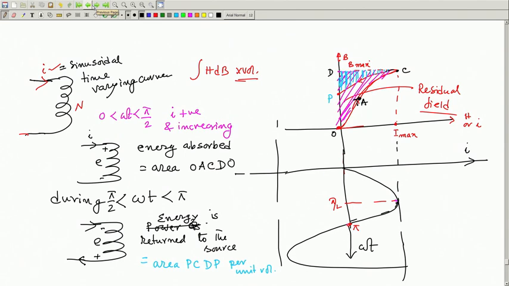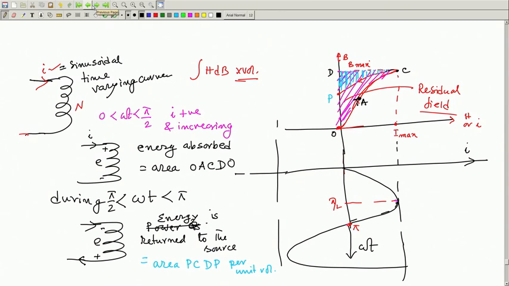In our case, current will be alternating in nature. I am not saying whether it will be sinusoidal or not, but it is alternating. Current will increase, reach a peak, then decrease and so on.